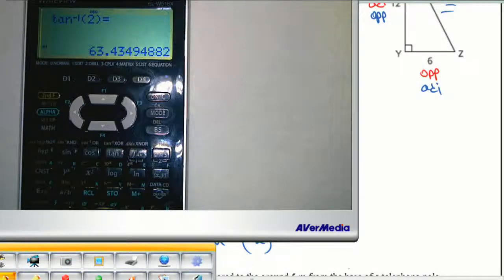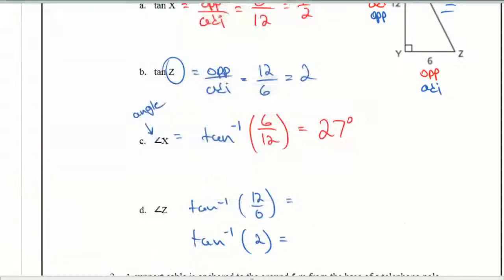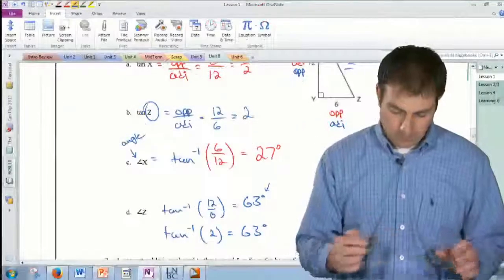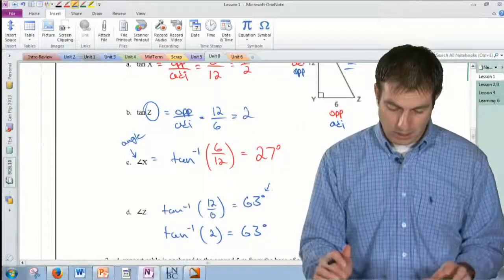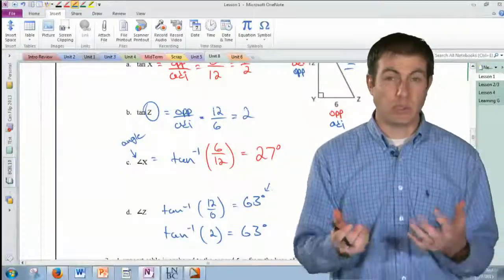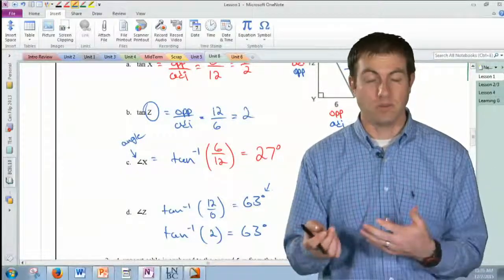That gives me the same thing, 63.4. So back to the question, we'll call it 63 degrees. The little degrees sign up here kind of looks like the 0th power, but it is degrees. So try not to get those things mixed up. It'll be obvious when you're dealing with angles, you won't be dealing with exponents of 0 power.